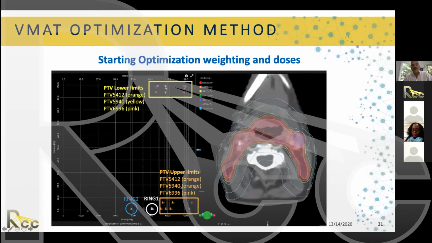On the left you're going to be setting up the upper limits, which are the max doses, and again 5412 and 5940 are orange. Sorry, I didn't change the colors to make them different. And the pink is the 6996. Basically what you're telling the system is that these PTVs need to be very well covered, so the shoulders start here and the dose falls off with these upper limits. The same for the 5940, and the same for the 6996.